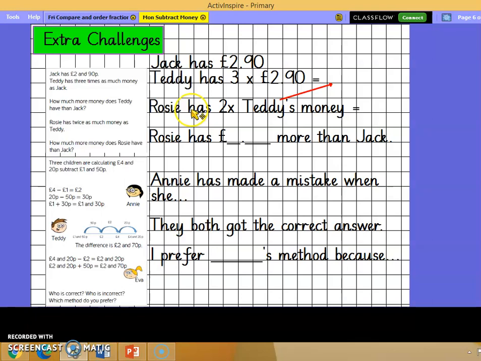Rosie then has 2 times Teddy's money, so once we know how much Teddy's got, we then find out how much Rosie's got by timesing it by 2. Then we need to find the difference between Rosie's amount here and Jack's amount, which is here. And when we found the answer, we record it here.